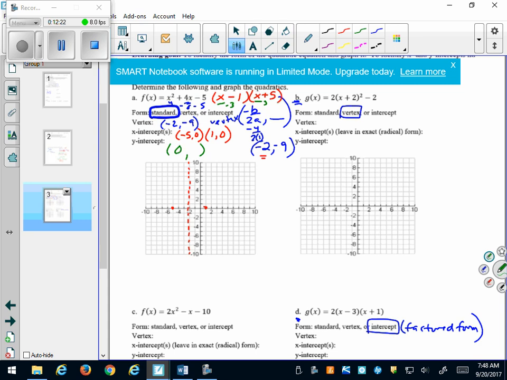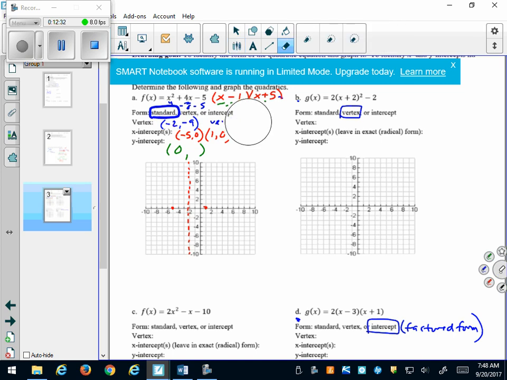And again, to me, this is easier plugging into the factored form. Okay, so plug in 0 here. 0 minus 1 is -1. 0 plus 5 is 5. Multiply -1 times 5, and you get -5.